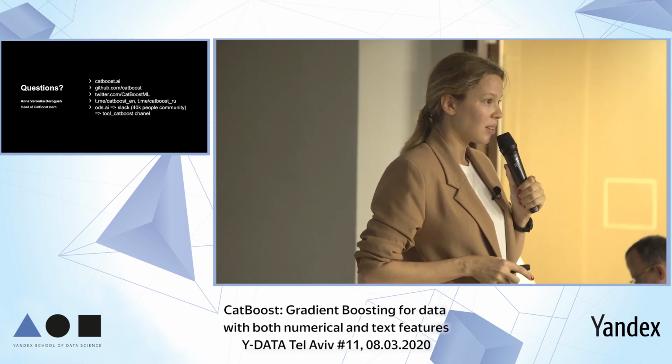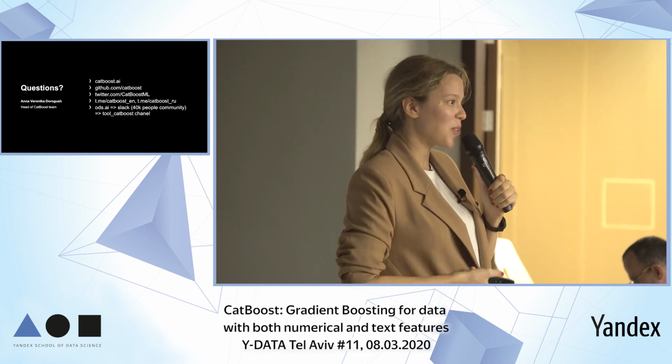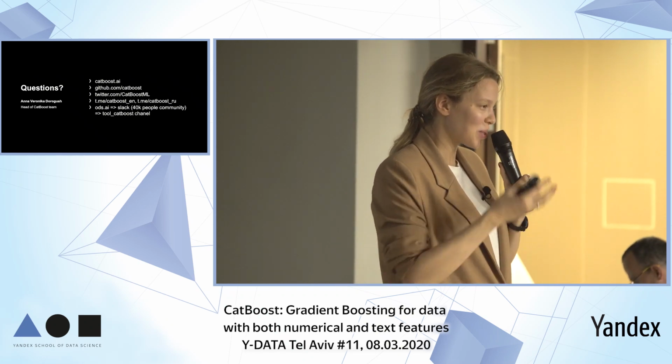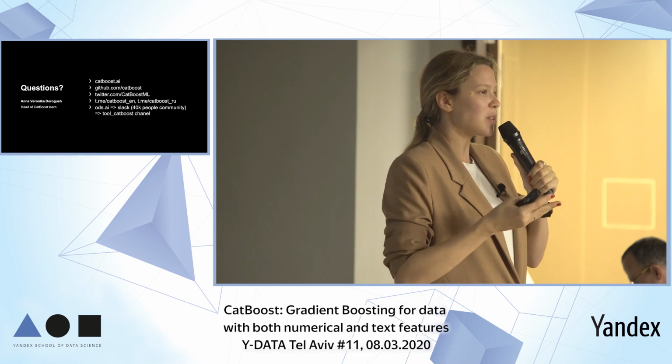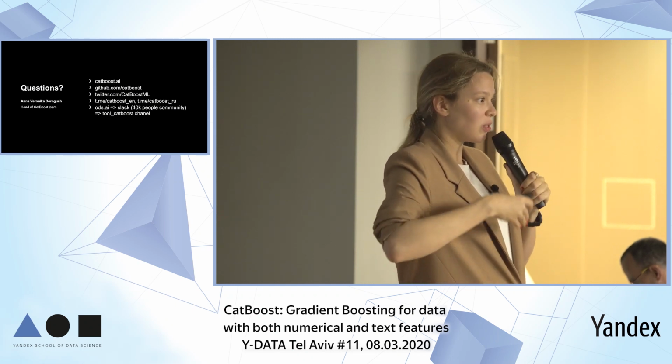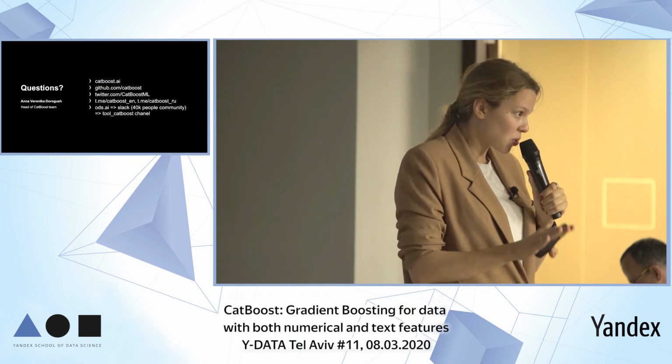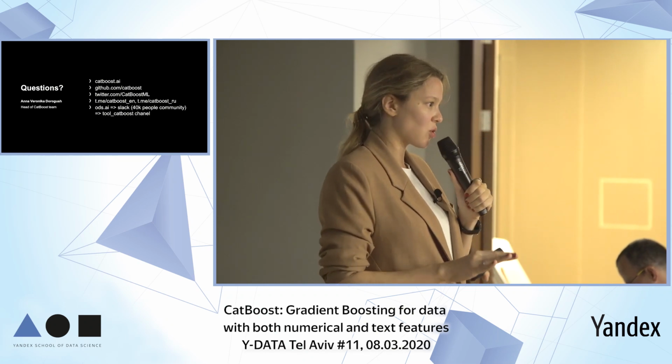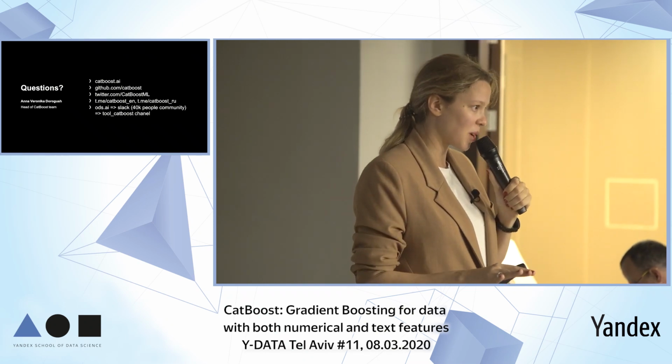Is there a number? No, there is no number. If you have a single value, you will just have the prior, so it will not be that useful. The more samples you have, the more information you add, but it will not break anything. If you have categorical features that you use just once, it will not break anything.